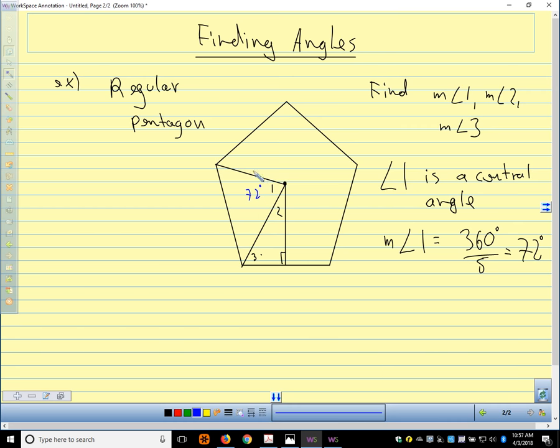And we know that this triangle that we make with the central angle and 2 radii is an isosceles triangle. So when I draw the apothem, it cuts the central angle in half. So the measure of angle 2 is 72, the central angle, divided by 2. So that gives me 36 degrees.